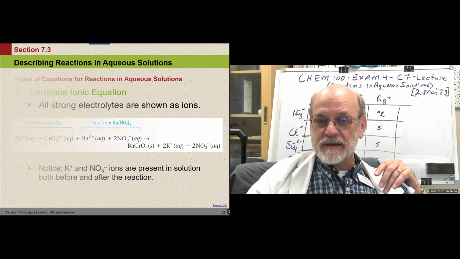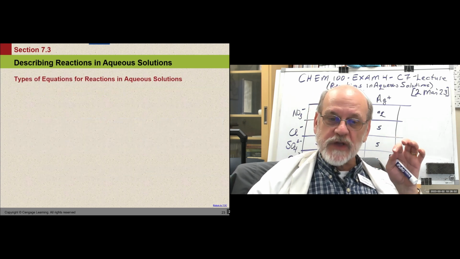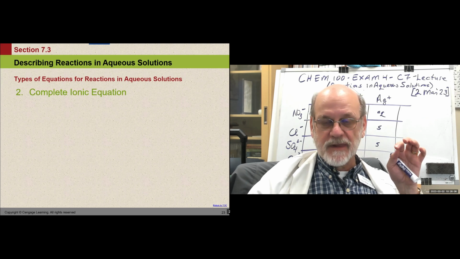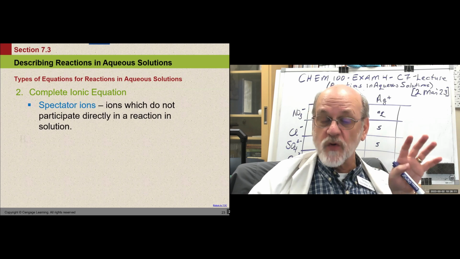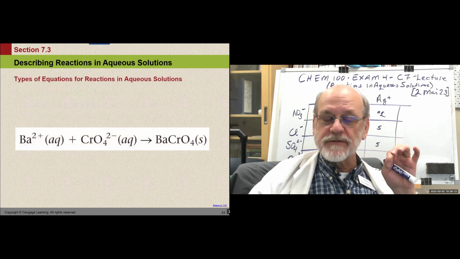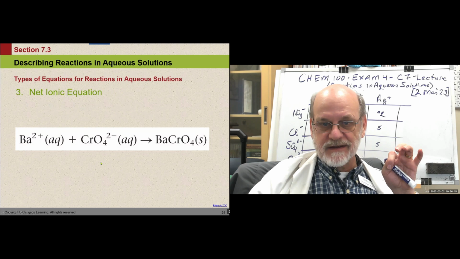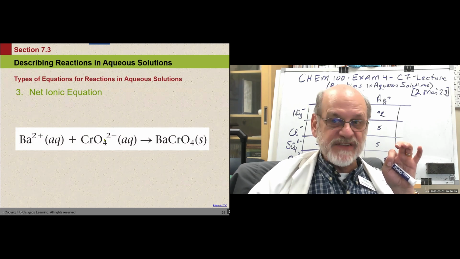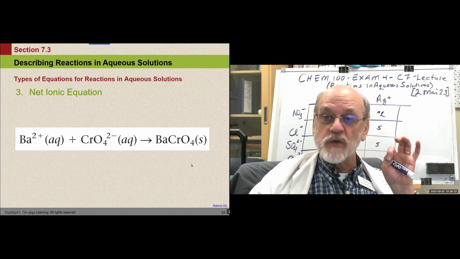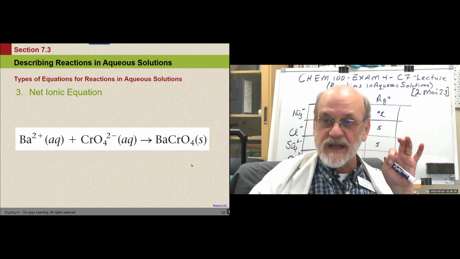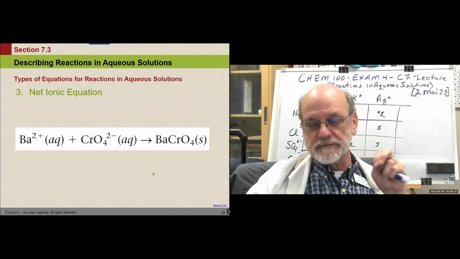Those ions we call spectators. And if you remove the spectators from both sides of the equation, what you have left is a net ionic equation. This is where the business is happening. The barium ions are associating with the chromate ions to form this solid. That's what drives the reaction.